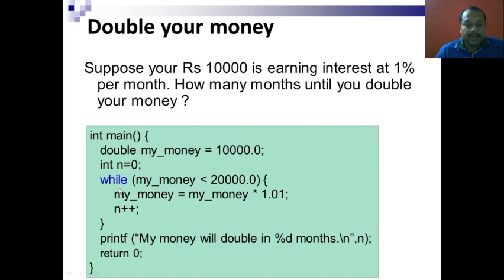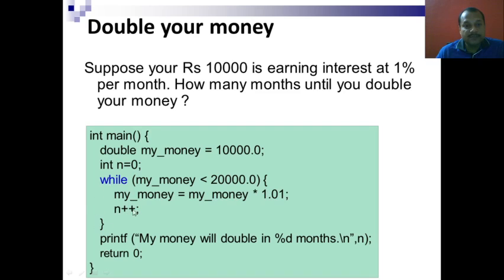Now while myMoney is less than 20,000, or as long as my money is not doubled, I am computing what will be my principal and interest after the interest. 1% is my interest per month. So myMoney equals myMoney multiplied by 1.01, and n will be incremented.